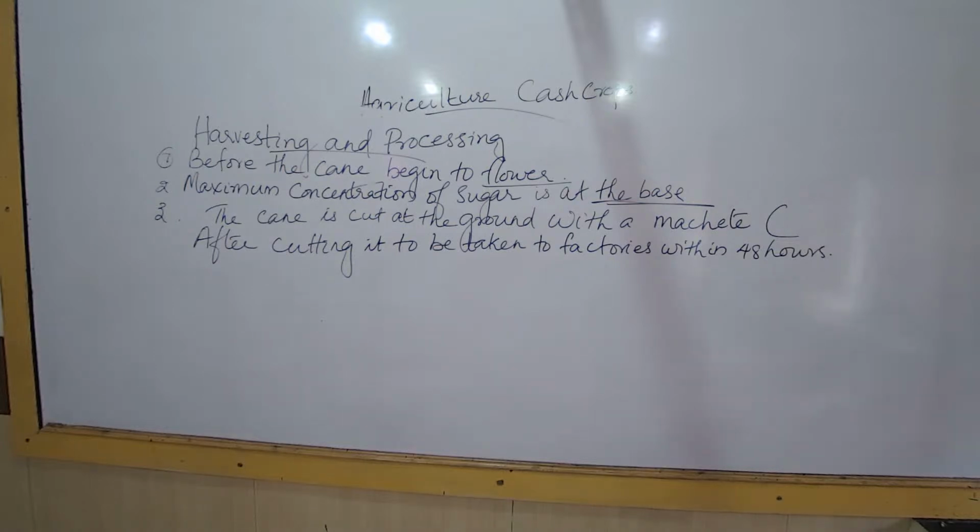Sugarcane is first ground, and juice comes out. How is it converted into powder form? Sulfur dioxide is used. That is why doctors are always telling people not to use that sugar.